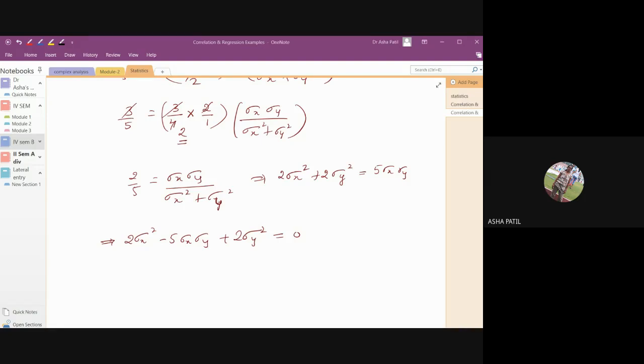We want to see the answer is like sigma x is equal to 1 by 2 sigma y. You have to separate sigma x and sigma y. Can you try to factorize this? Can you factorize the terms? Product is 4, sum should be minus 5.